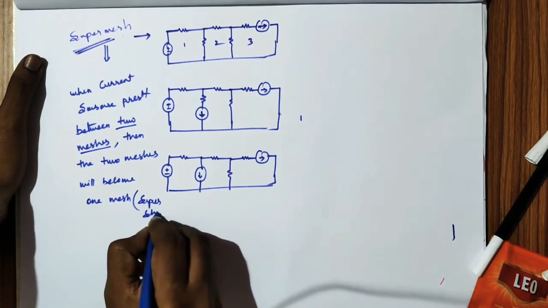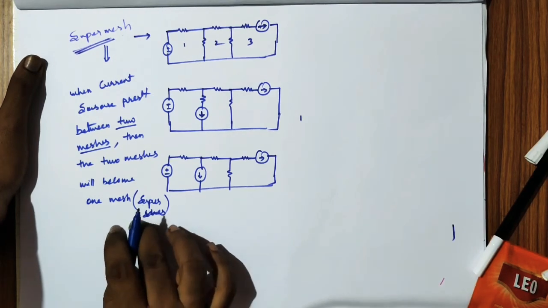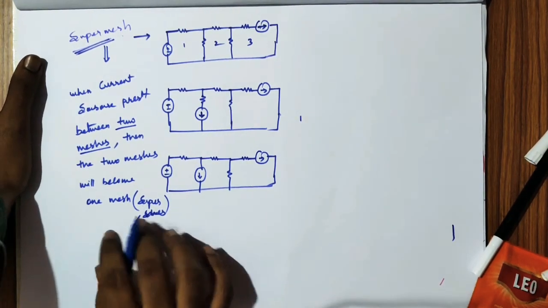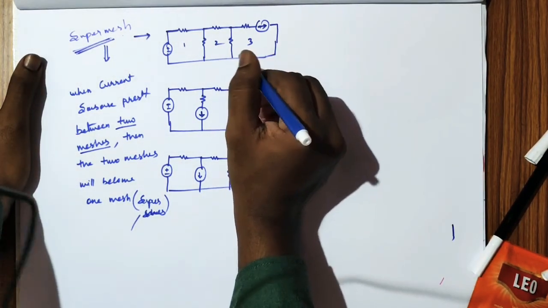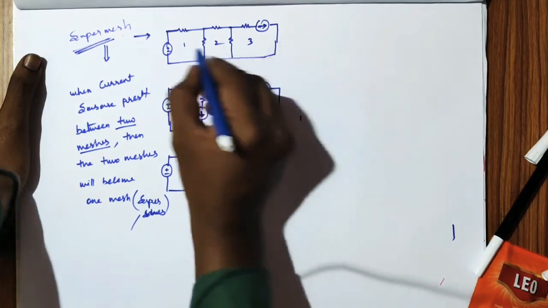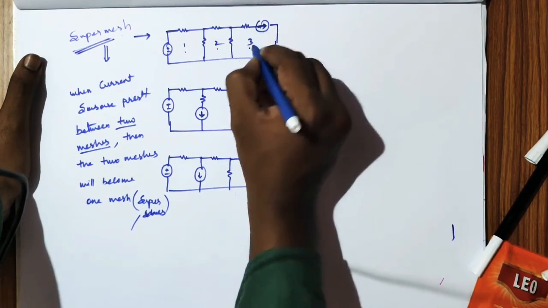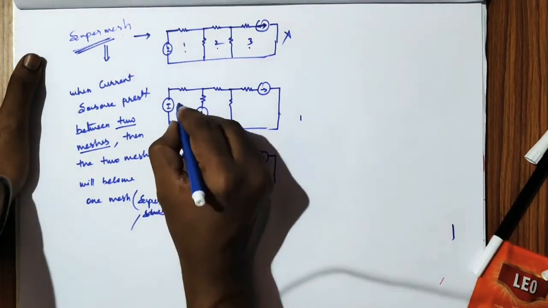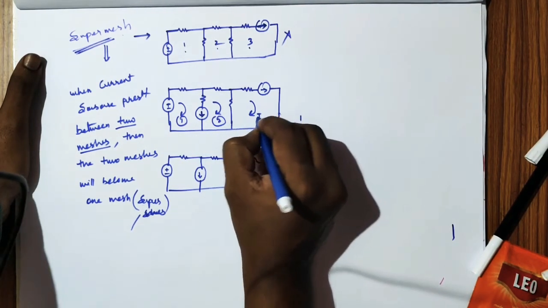The super mesh is nothing but the combination of two meshes where you have a current source in between them. In the first circuit, this is one mesh, this is one mesh, this is one mesh, but the current source is in the third mesh, so there is no provision for a super mesh. Now in this one, this is mesh 1, mesh 2, mesh 3.